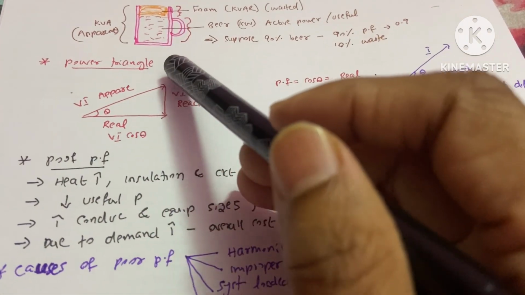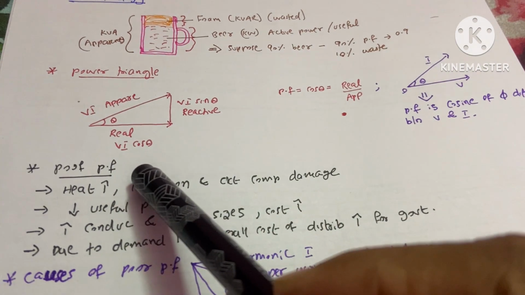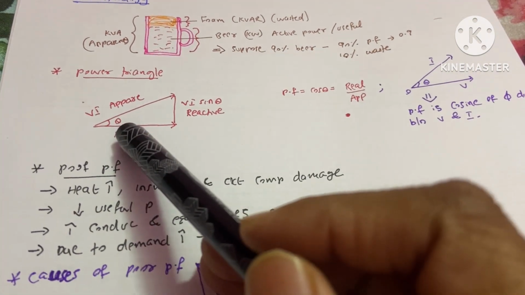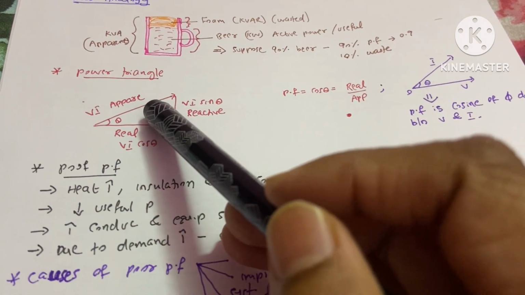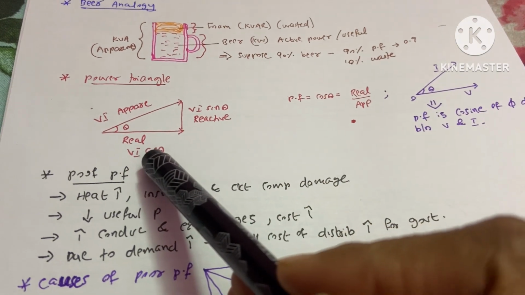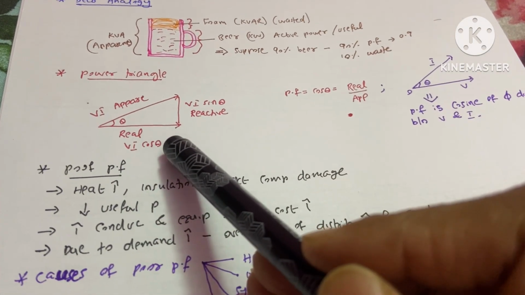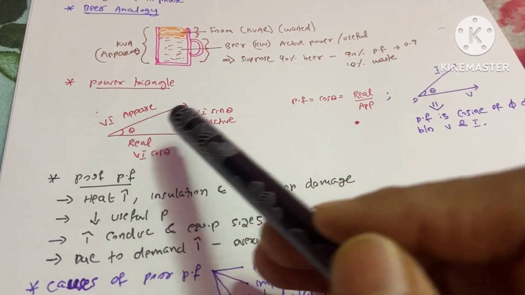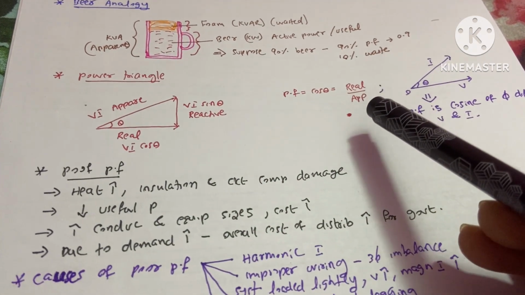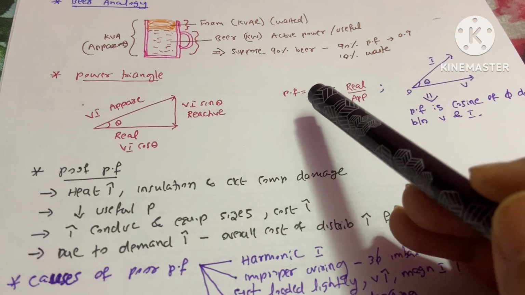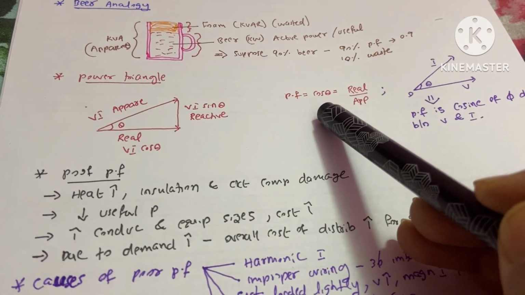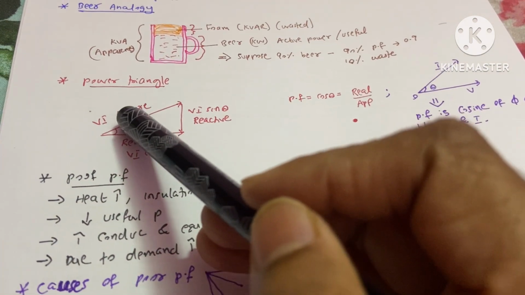And here we have a power triangle. In this triangle there is a theta between the apparent power and real power. Here we could say the power factor is cos theta. It means real power divided by apparent power. Cos theta means power factor, which is adjacent side divided by hypotenuse.